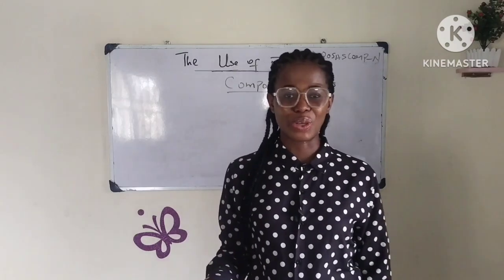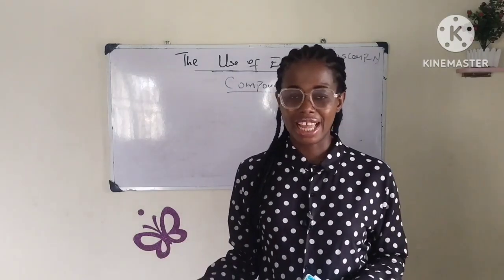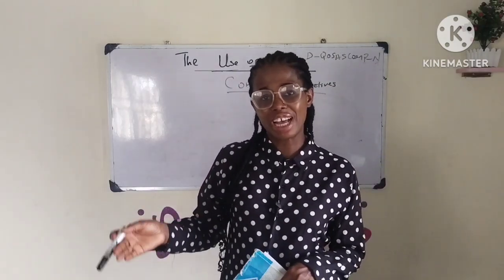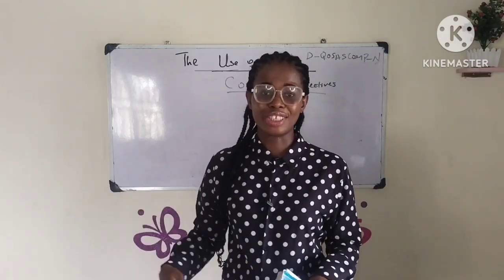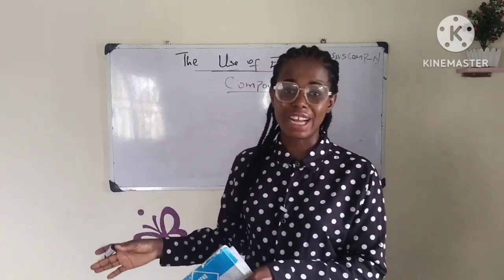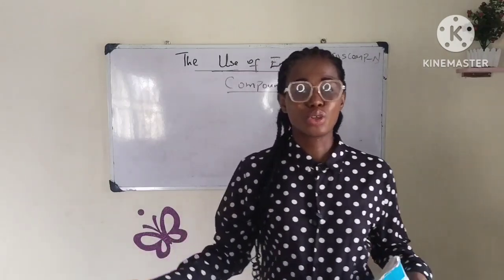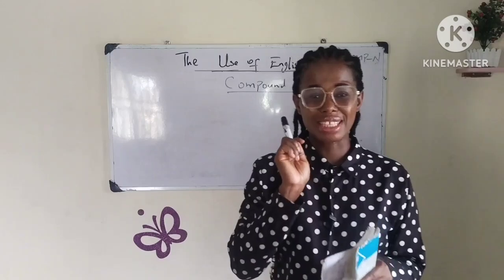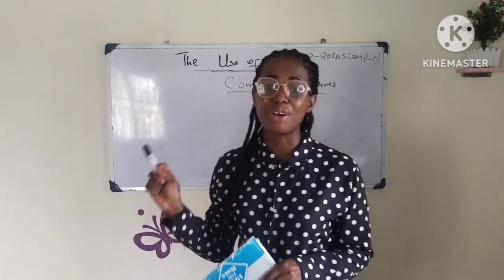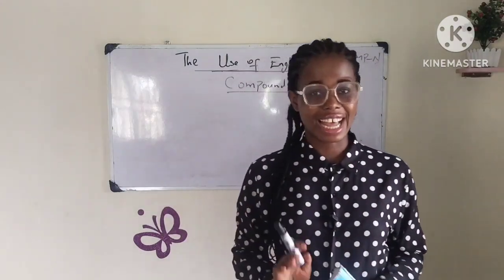A fast-moving car: fast and moving are joined together to qualify the car. So when you have two or more words joined together to form a single adjective to qualify a noun, you call it a compound adjective.